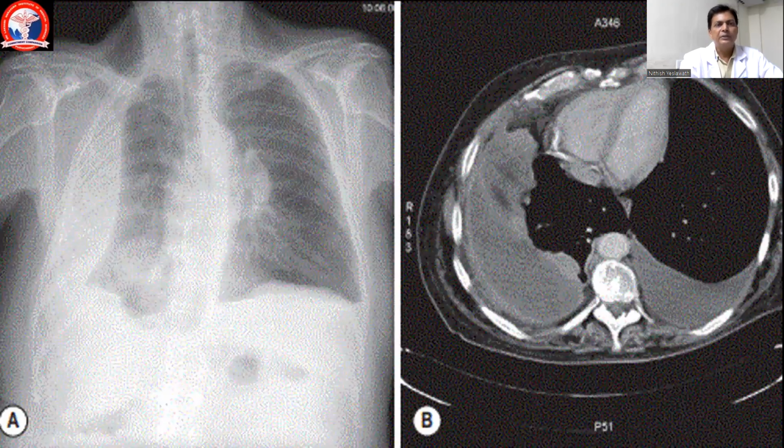Next image we are seeing here, it's very clear on the frontal view of the chest radiograph. What we are seeing is, on the right side, there is an encapsulated large effusion along the right lateral wall.